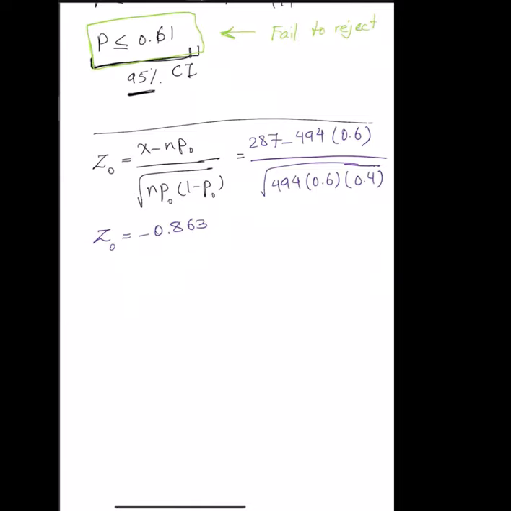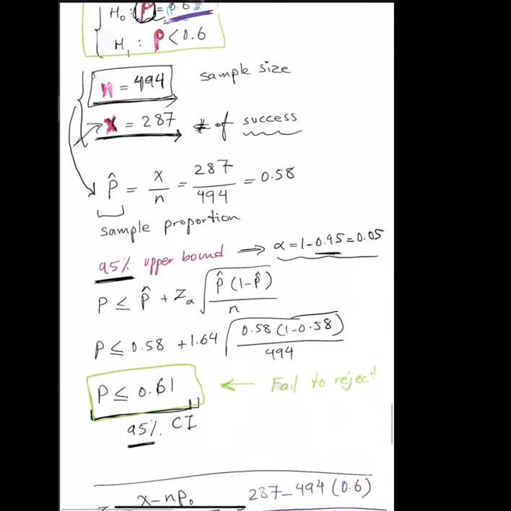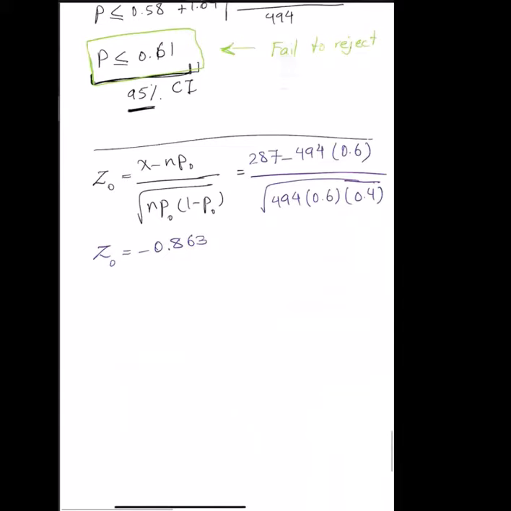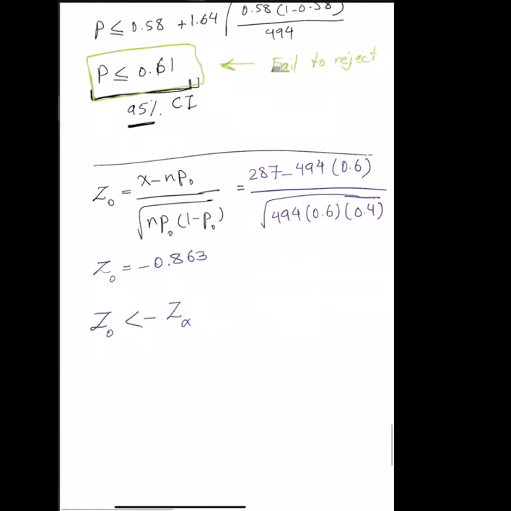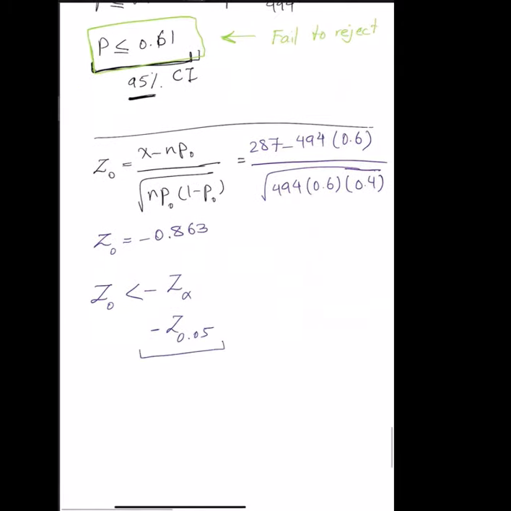This is a one-sided test. I want to compare Z naught with minus z of alpha. This is a 95% test, so I need to find minus z of 0.05, which is minus 1.65.